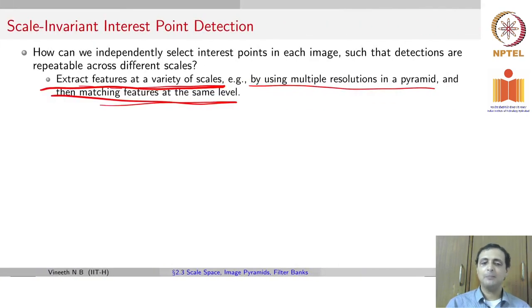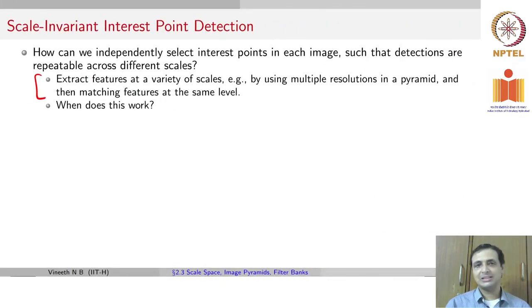A simple approach could be that we extract features at a variety of scales by using, say, multiple resolutions in a pyramid, and then we match features at the same level. That could be one of the simplest things that we can do. Where do you think this will actually work? If you thought carefully, you would find that as long as you match features at the same level, the properties of the Harris corner detector will only be compared at the same scale.